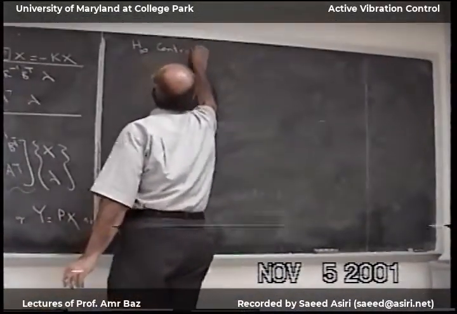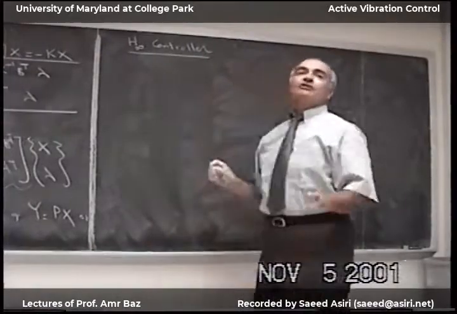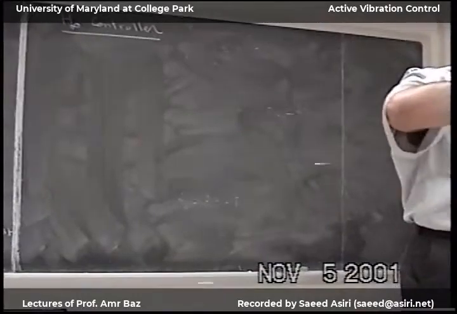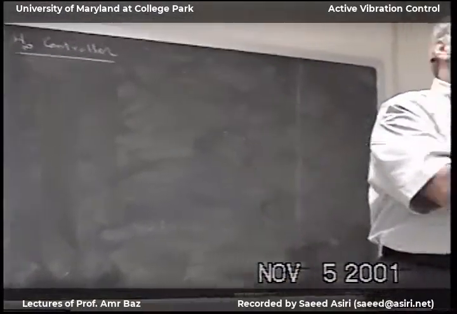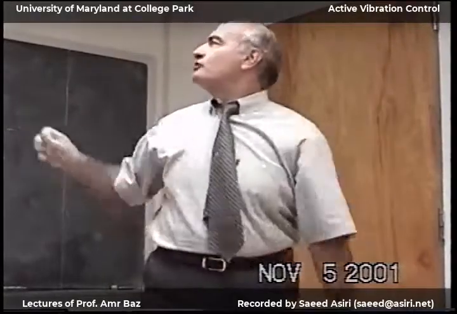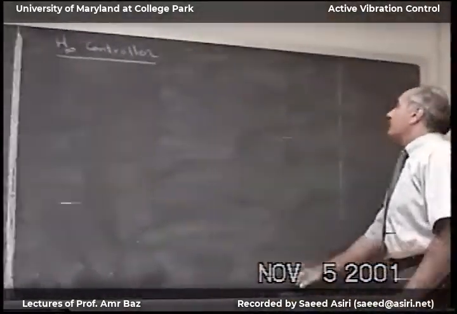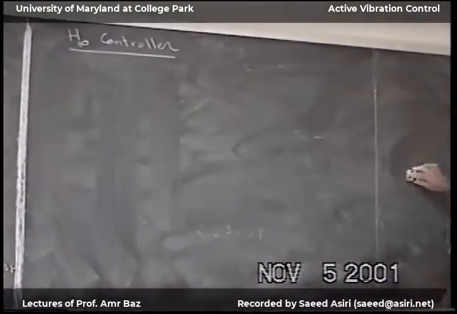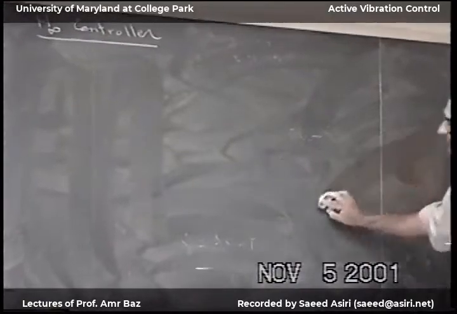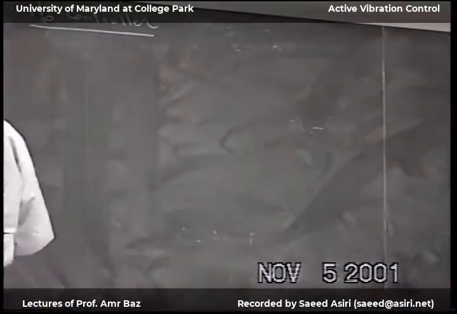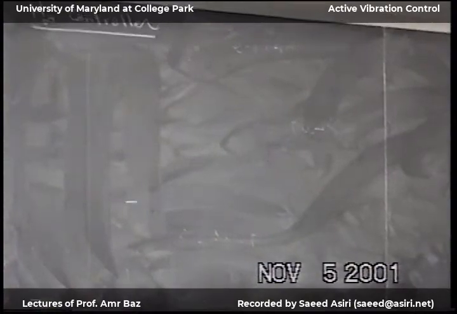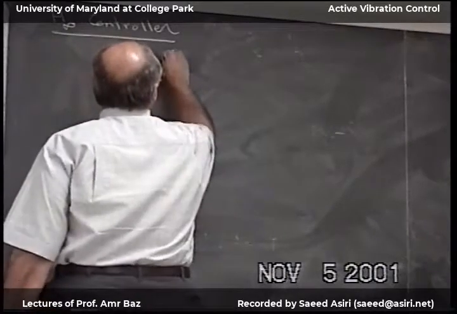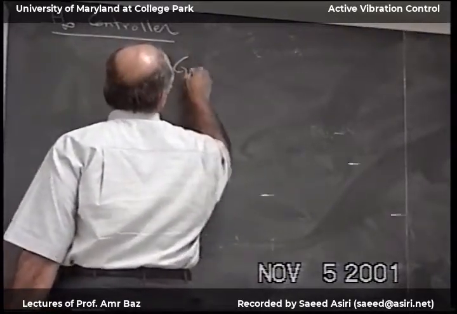I'm going to start with the H infinity controller, because as we've done with the LQG, we showed that I have separation between the controller and the estimator, and each one of them results in a Riccati equation. So I'm going to start with the H infinity controller. I want the H infinity norm of a certain transfer function.